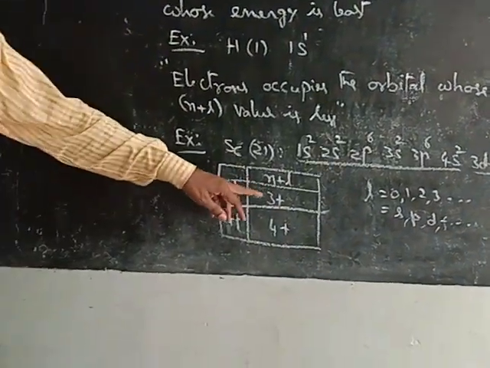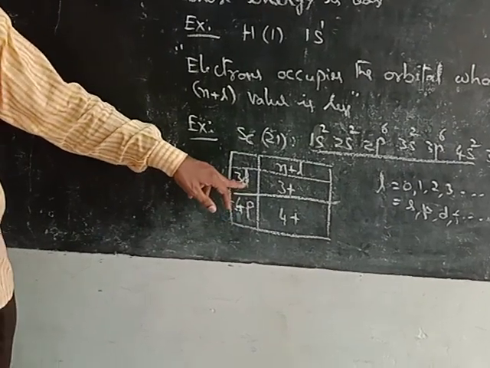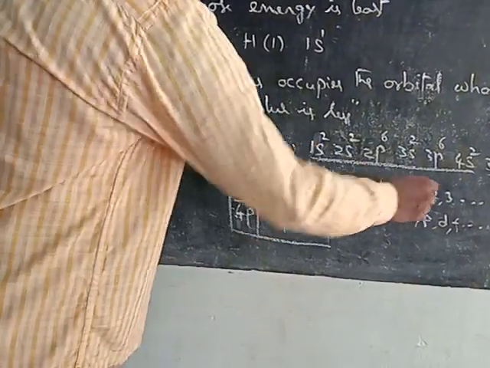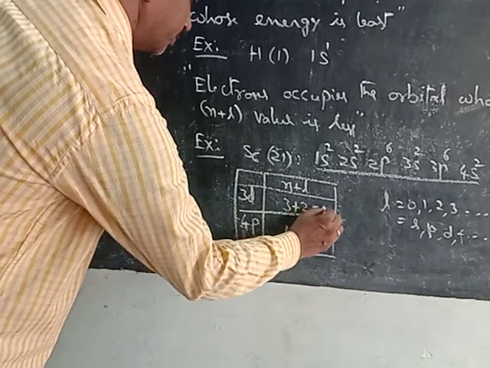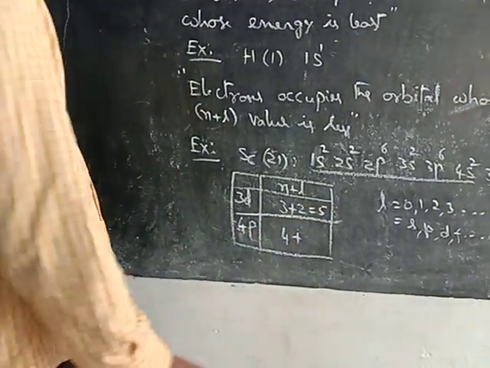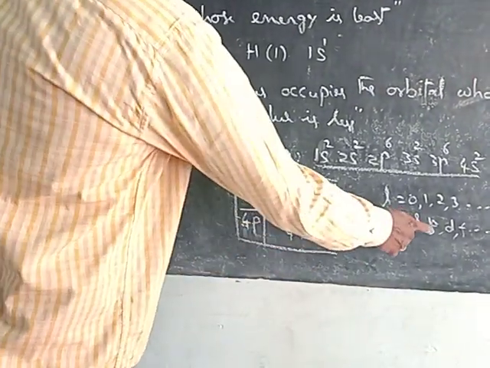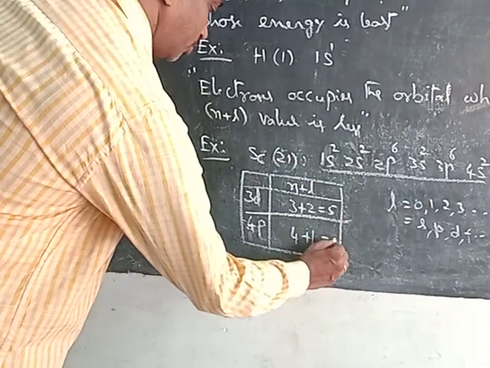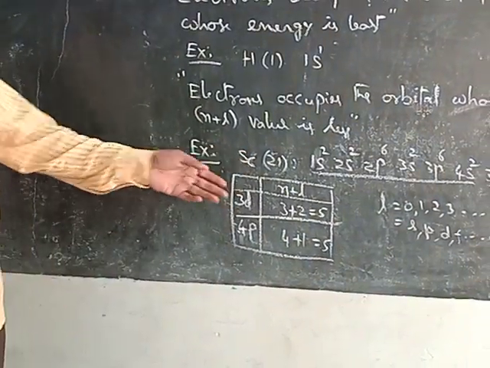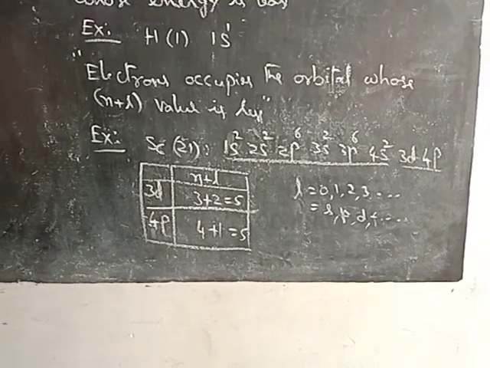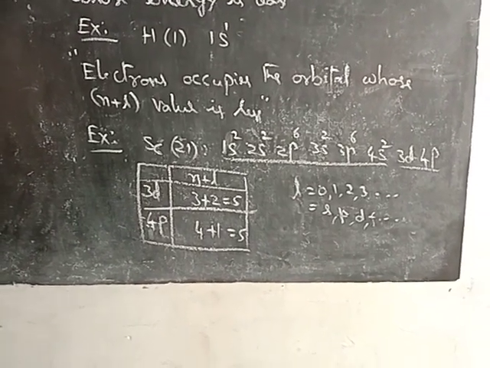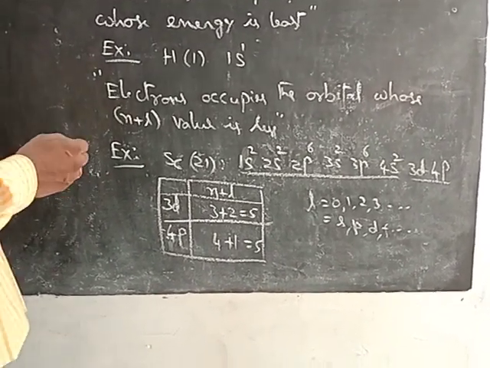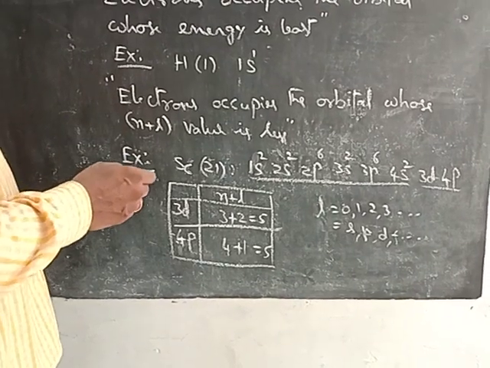So for d, what is the value of l? 2. 3 plus 2, 5. Next, l value for p orbital. p orbital is 1. 4 plus 1, 5. So by comparing these two, okay, this is not a suitable example.